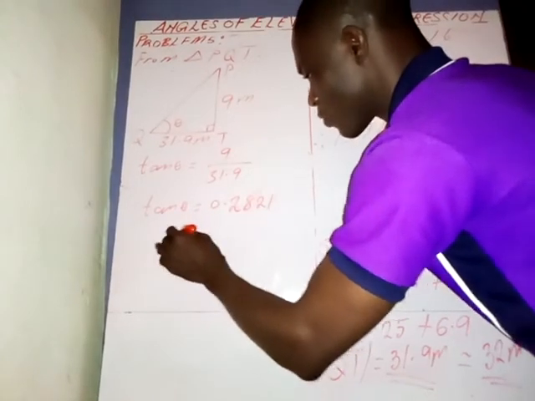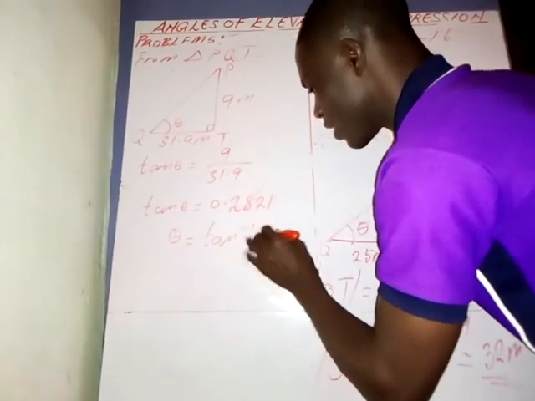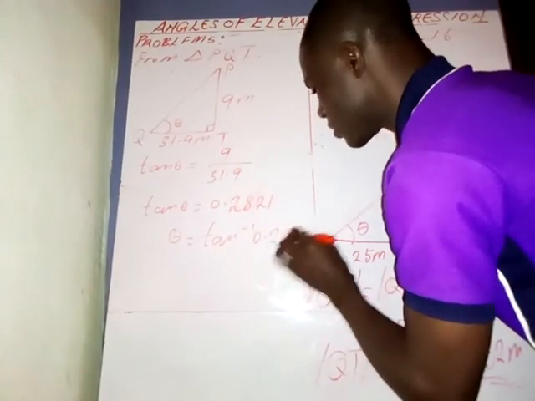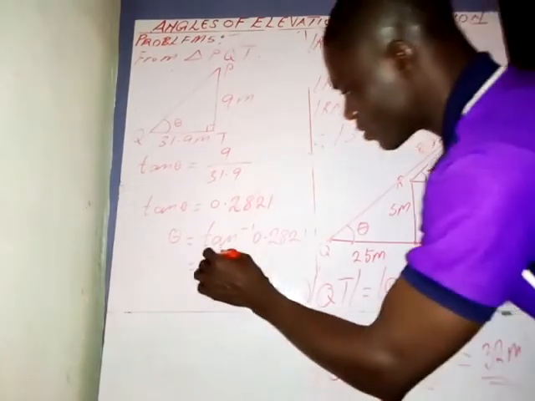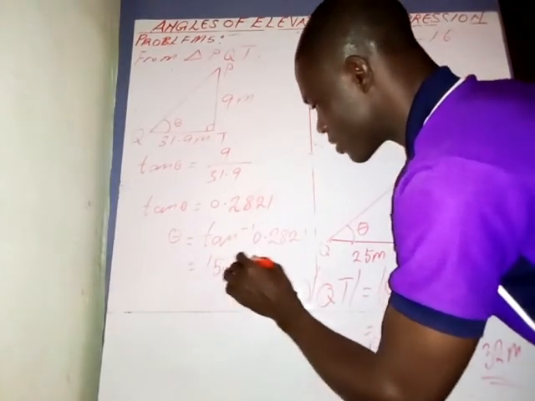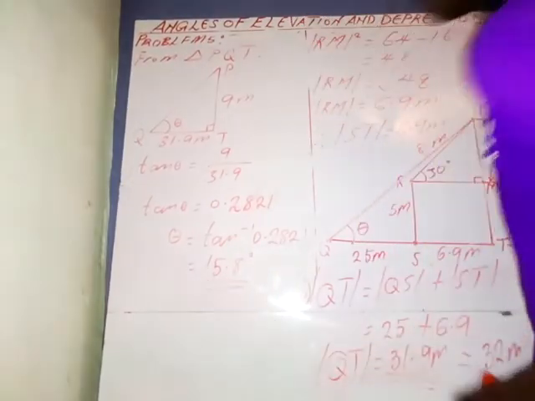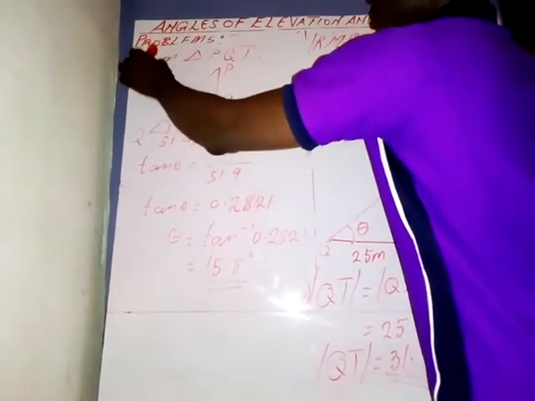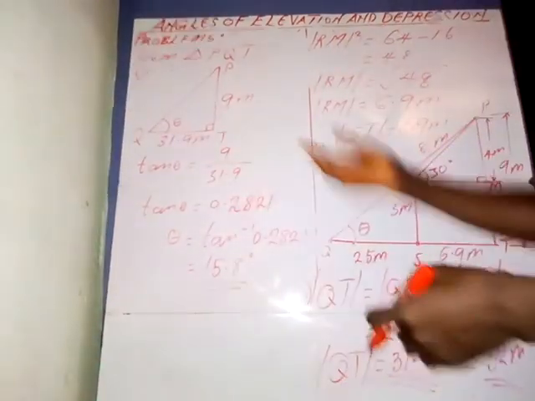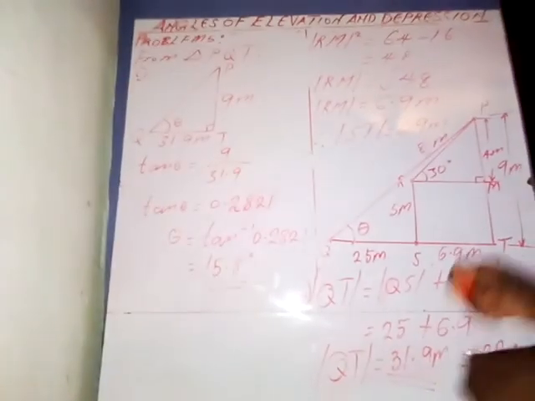Then theta is equal to tan inverse of 0.2821, and this gives me 15.8 degrees to 1 decimal place as said in the question. So this is question C. So this is the solution to question C. It's as simple as I've explained it here.